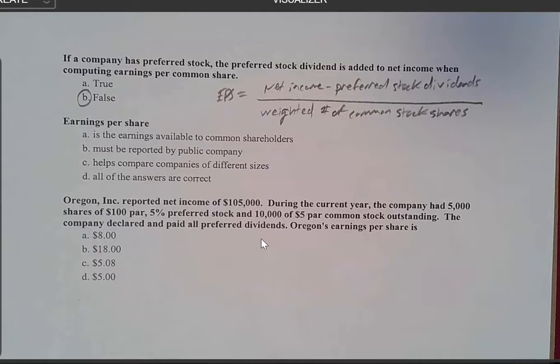But they are bigger. They're going to have more shares of stock. But we can use earnings per share to compare this gigantic company with, say, $500 billion in revenue to another publicly traded company that has $500 million in revenue. And you're probably not going to be able to purchase all of the shares anyway.